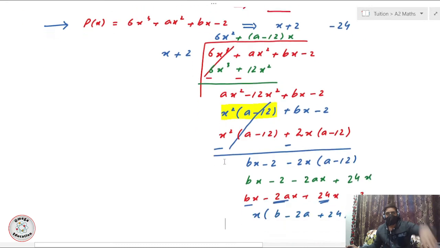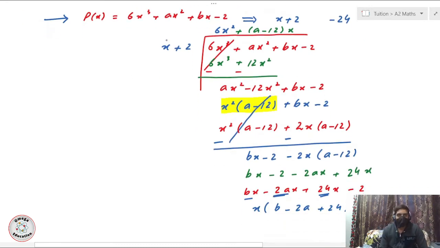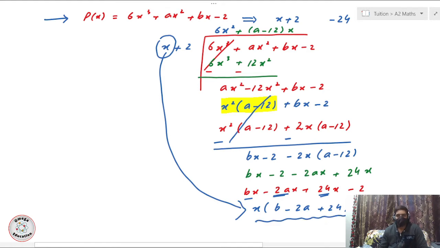Now you go back to the starting thing and you have to look for a polynomial or a number that you multiply x with, so you can get to this first thing. And in that case it would be this whole thing, b minus 2a plus 24.